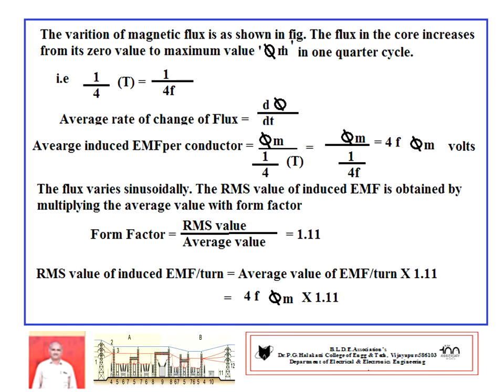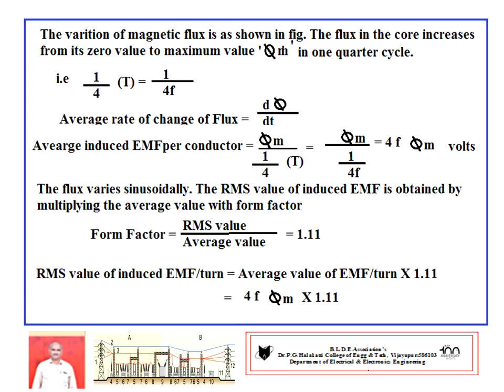Then the variation of flux inside the core is sinusoidal. Once we know the average value, it is possible to calculate the RMS value of induced EMF, because for sinusoidal variation of flux the form factor equals 1.11. Actually the form factor is the ratio of RMS to average value.